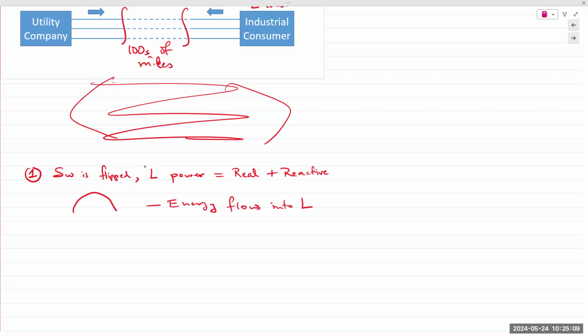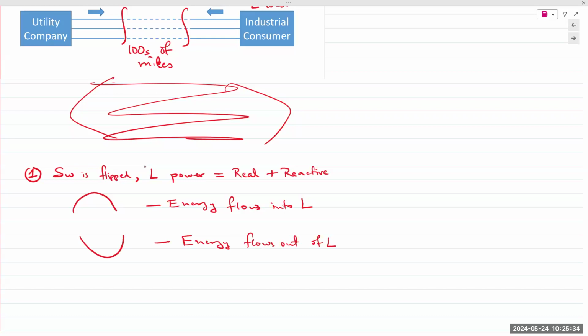And positive half cycle, energy flows into the inductor. Negative half cycle, what happens? Energy flows out and goes all the way to the utility company. Does that make sense? Right? Energy flows in and out.